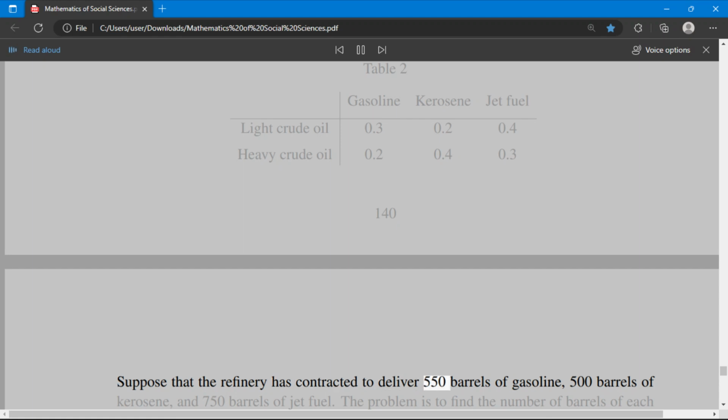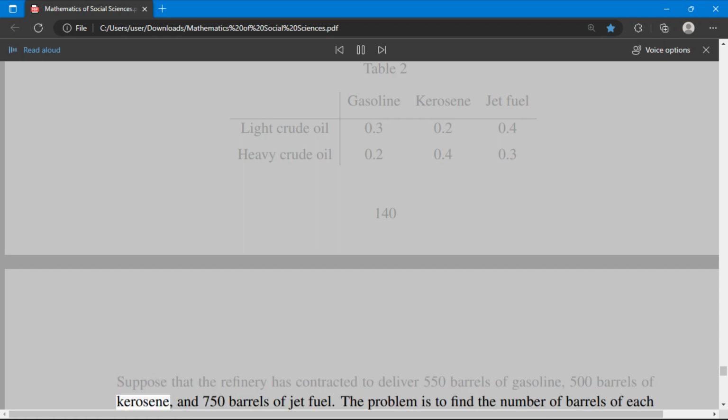Suppose that the refinery has contracted to deliver 550 barrels of gasoline, 500 barrels of kerosene, and 750 barrels of jet fuel.